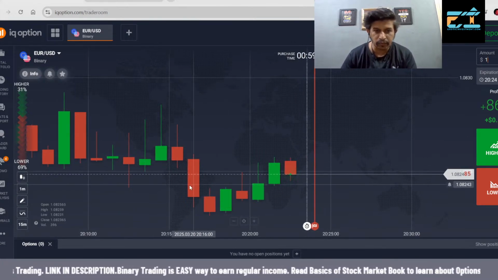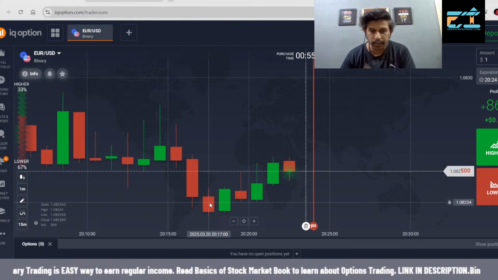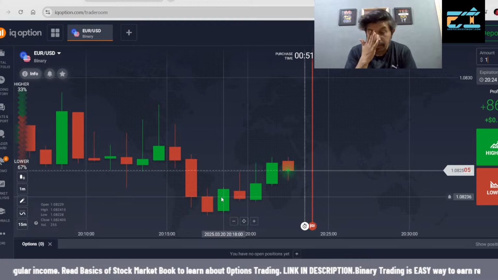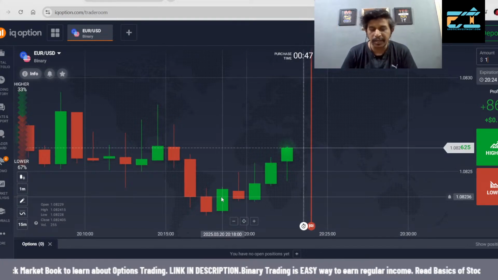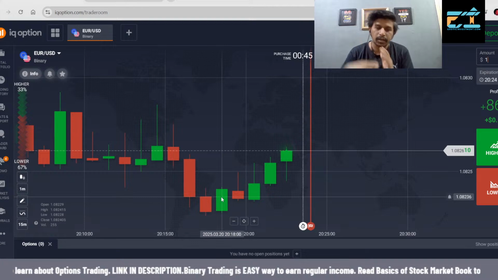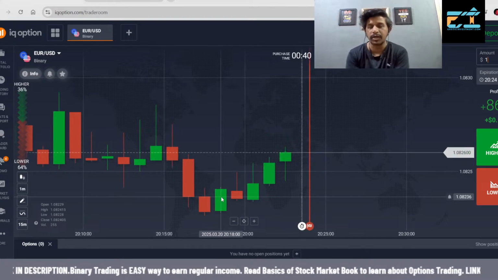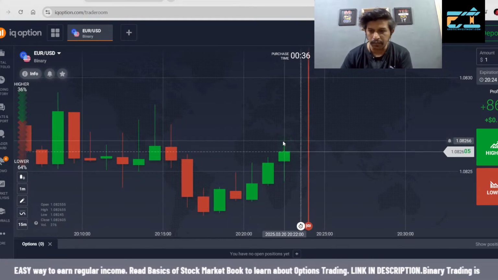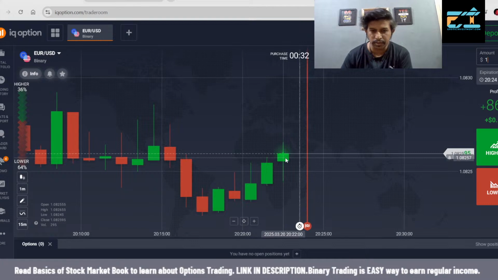I have to wait for 3 candles at least to form a trend, and then once the trend breaks, we'll need to bet on the same trend break. Trend follow method is what I'll use in this strategy. So now there are 3 candles forming a trend, which is a green trend, that is positivity.